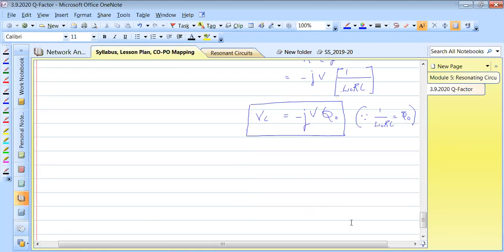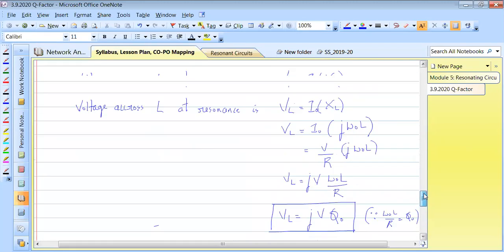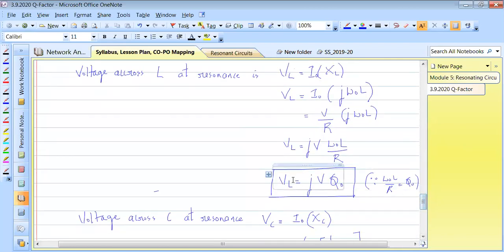Now let me explain the voltages itself. Let's take VL for example. In this, VL is given by JV Q naught. Right? Now, what is Q naught? Tell me. Q naught is a quality factor. What is it?